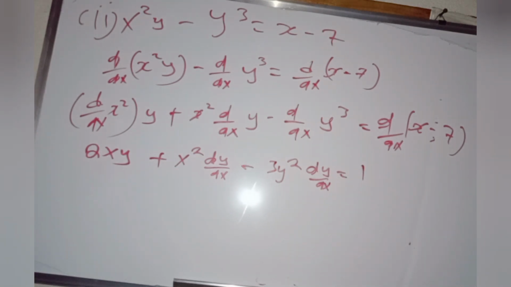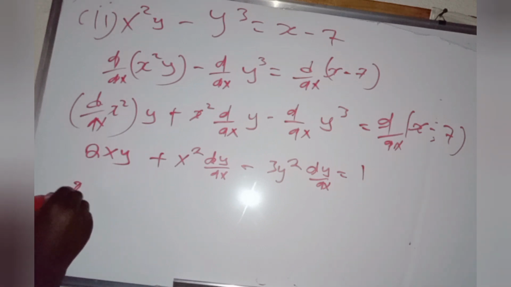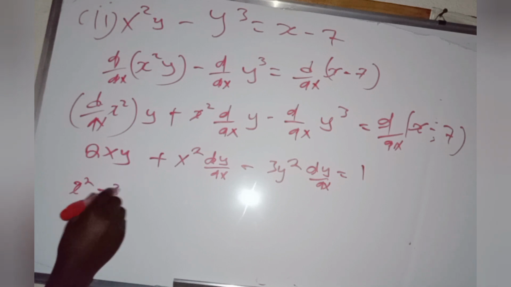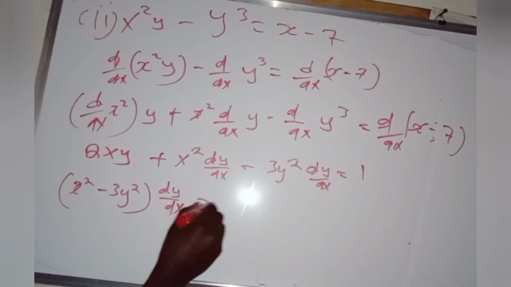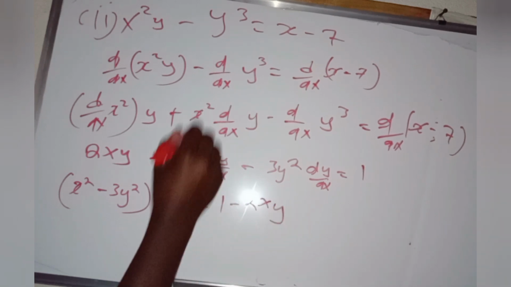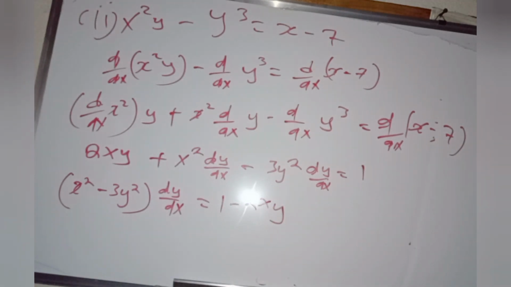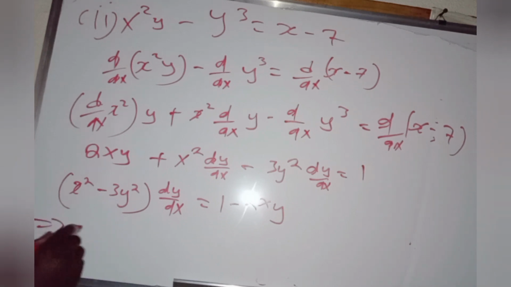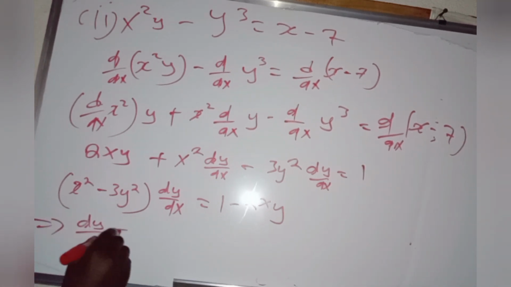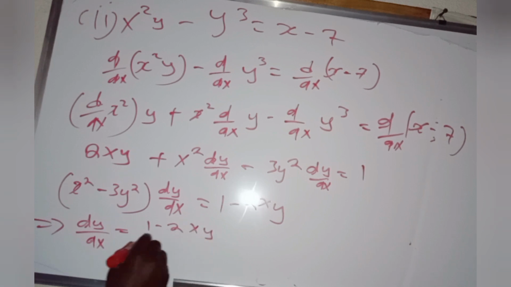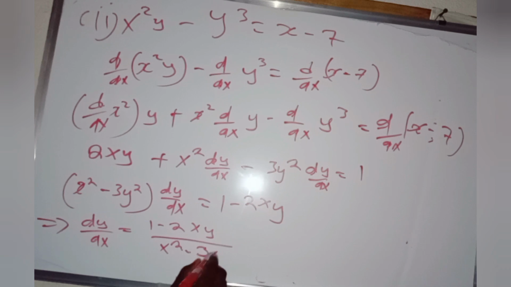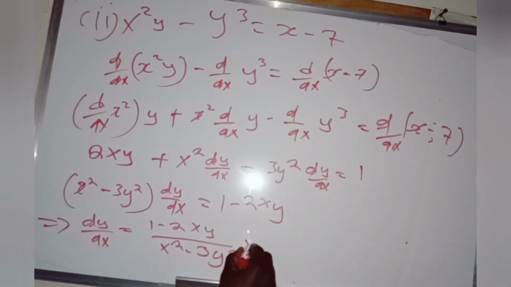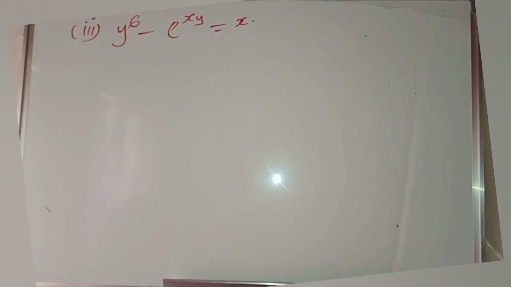I isolate dy dx on the left side: x squared minus 3y squared, dy dx is equal to 1 minus 2xy. This implies that dy over dx is equal to 1 minus 2xy divided by x squared minus 3y squared. Your required solution.